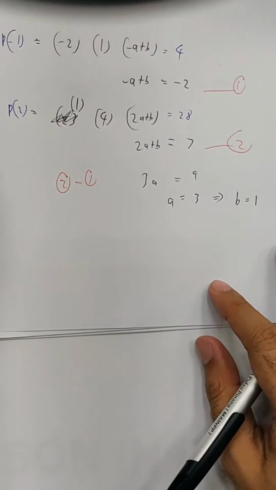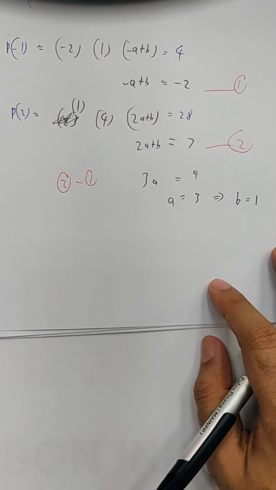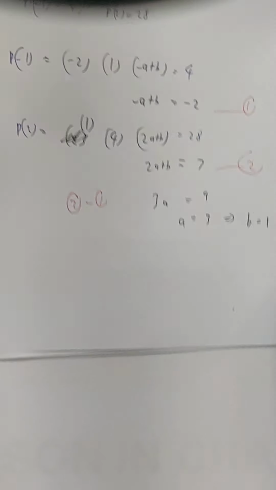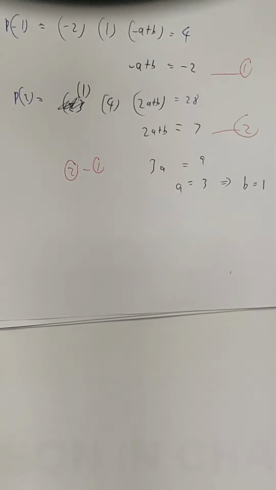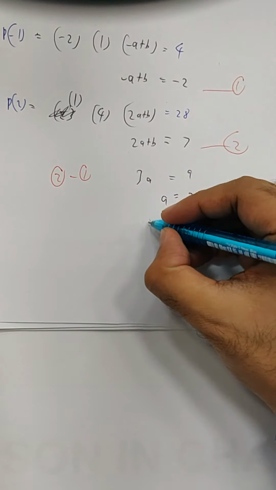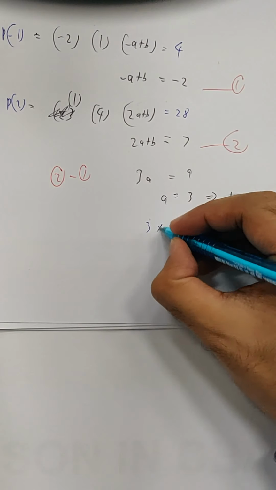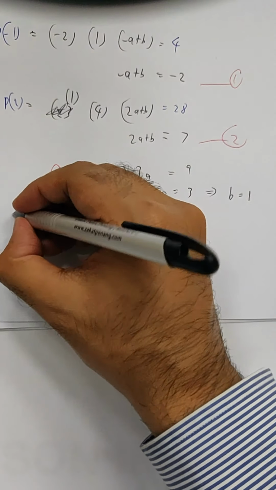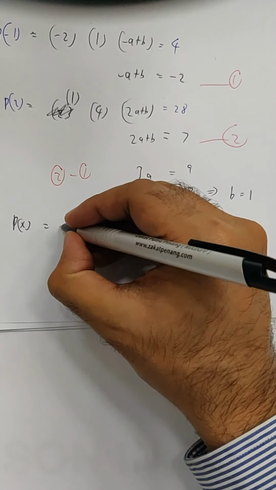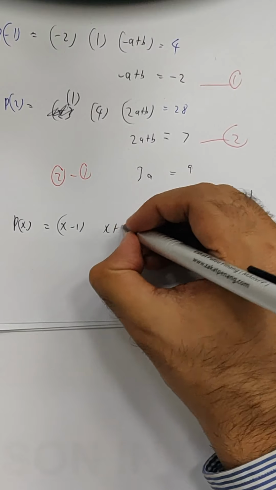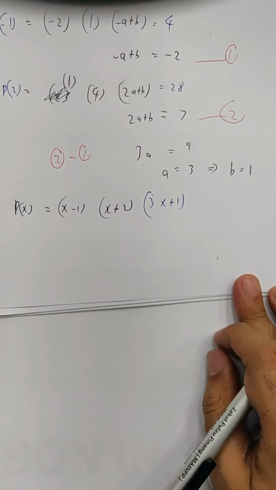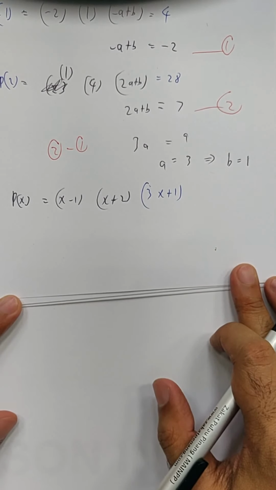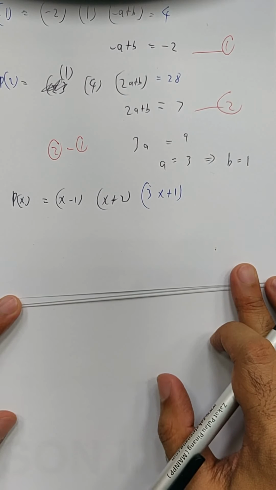So once you have b equals 1, that means the other factor ax plus b will be 3x plus 1. So all the factors are these. Are we done? What should we do? Should I multiply, expand?